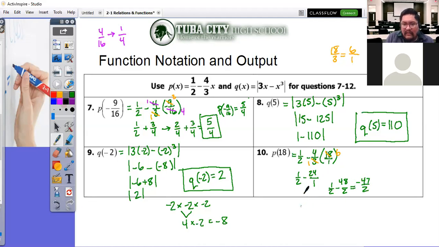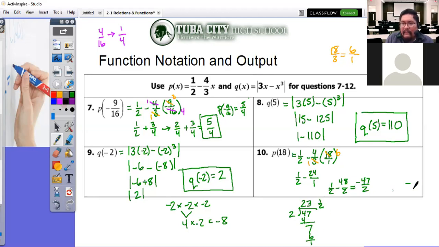And I can do my long division if I want a mixed number. So 47 divided by 2. Now I'm also going to have to remember that this is going to be a negative. I'm going to put a negative right here so that way I don't forget it. 2 goes into 4 2 times, and that's going to cancel out completely. 2 goes into 7 3 times, and I would get 6, and I get 1 left over.